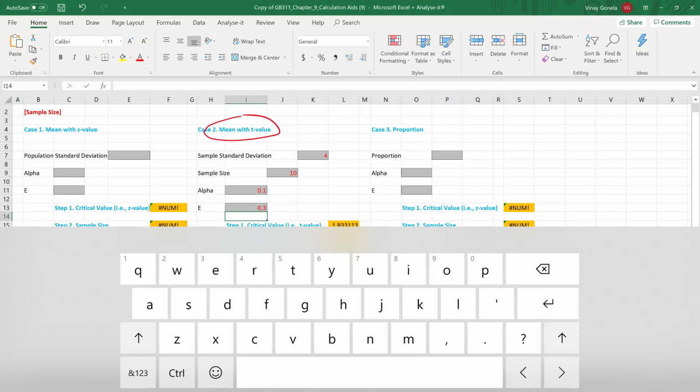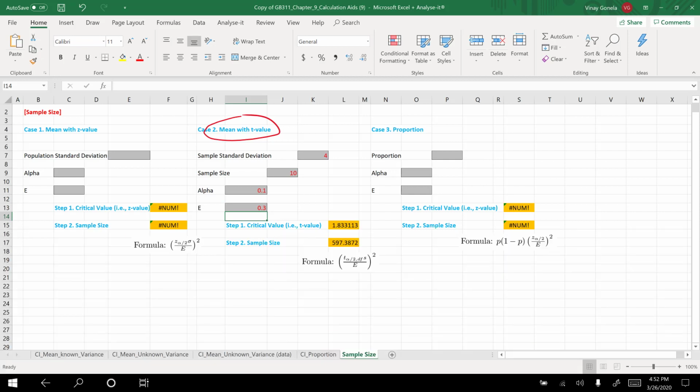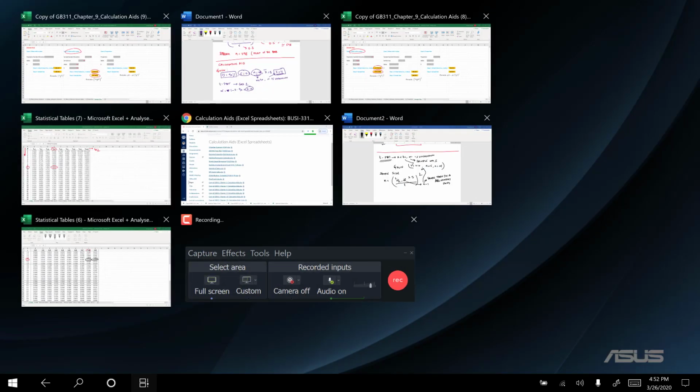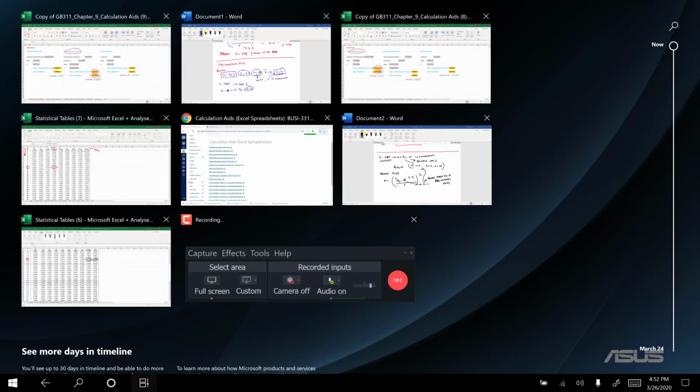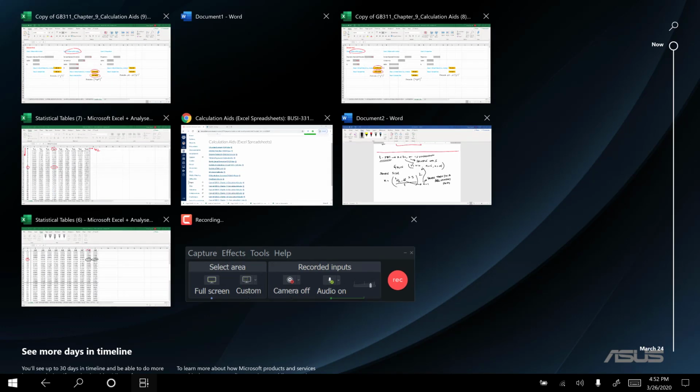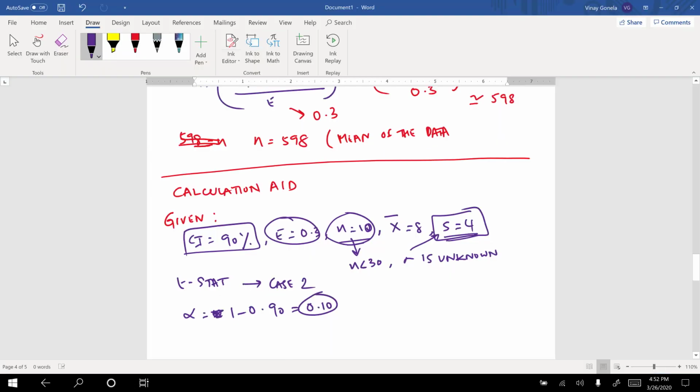So it's going to give us a critical value which is 1.83 and 598 samples. So this is again an exact value, 598 samples we need. So the answer for this problem would be 598. So n will be 598. So this is our answer.